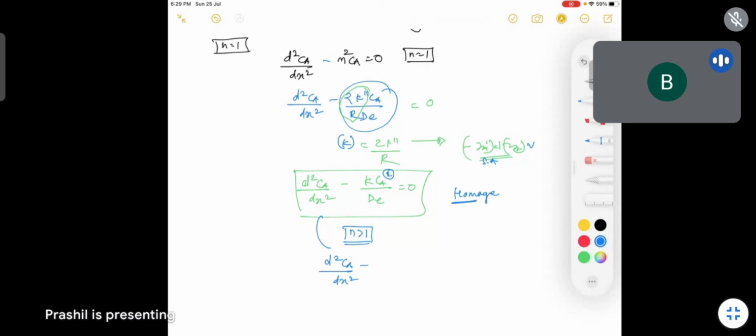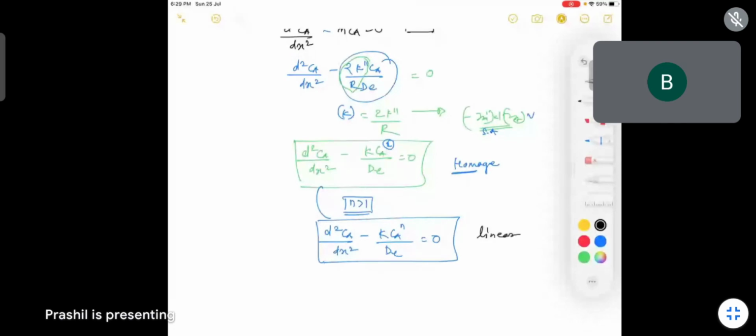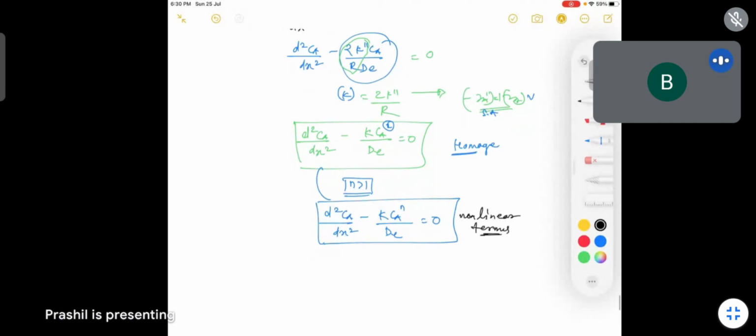But in case of order greater than 1, you will have non-linear terms, right? Maybe I guess you know what is linear and non-linear. There are 3 rules, based on which you can differentiate whether it is linear or non-linear. So here you can see that because of this power there is a non-linear equation, and this is difficult to solve.